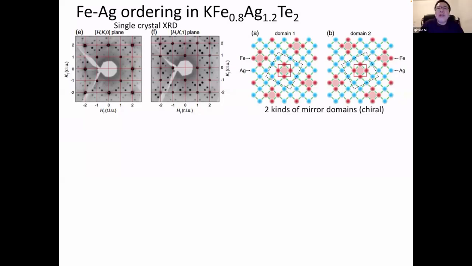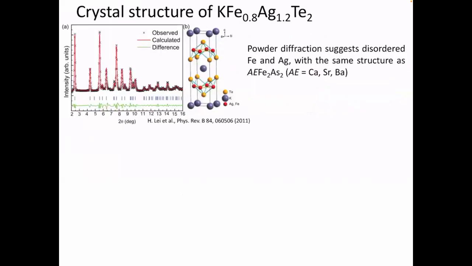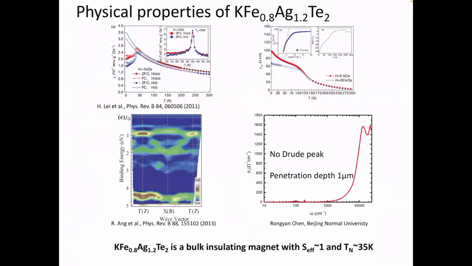Can I ask a question about the optical conductivity? Can you show that data? Yes. So at which temperature is the measurement? Oh, this is just measured at room temperature. Okay, so the transition temperature is, you said 35 Kelvin, right? Yes, yes.